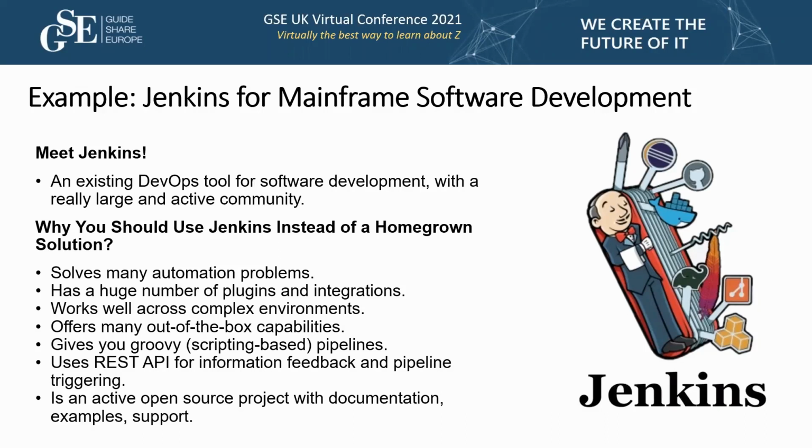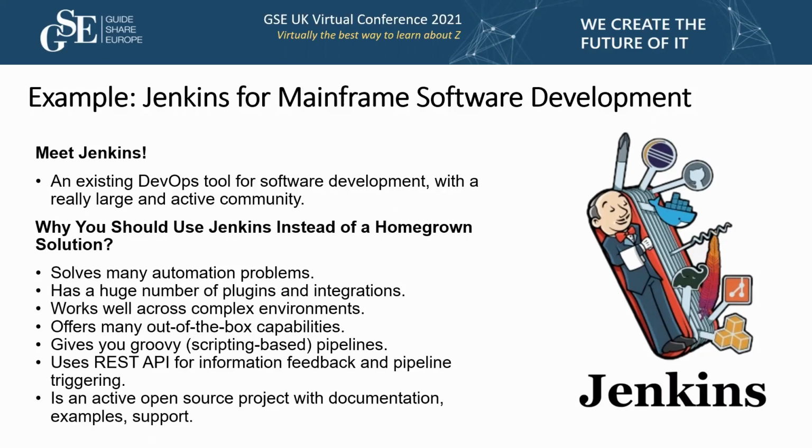And most important, Jenkins is an active open source project. It has a large and engaged community. It already has a lot of documentation, examples, and support. And the tool is well maintained and constantly expanding to tackle new automation challenges.